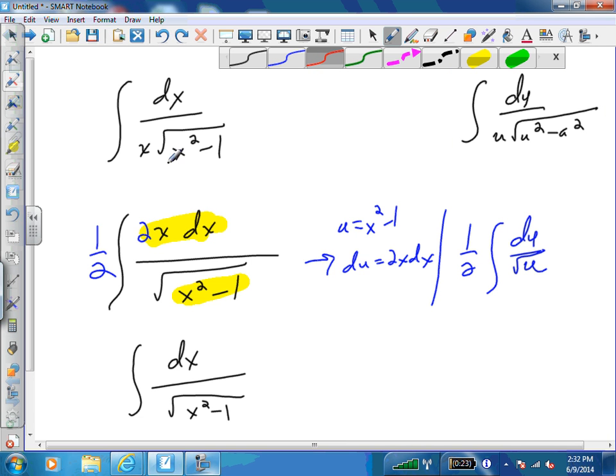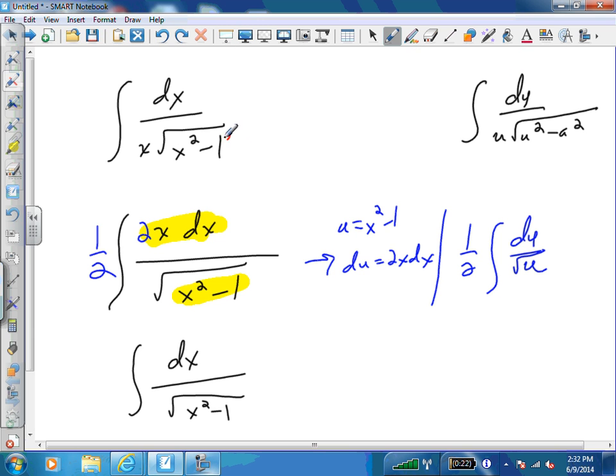So if we consider, notice we have a variable squared. How could we write 1 as something squared? That's just 1 squared. So our u, if u squared is x squared, then what's u? X. A squared is 1 squared, so what's a? 1. So what if u is x, what's du?